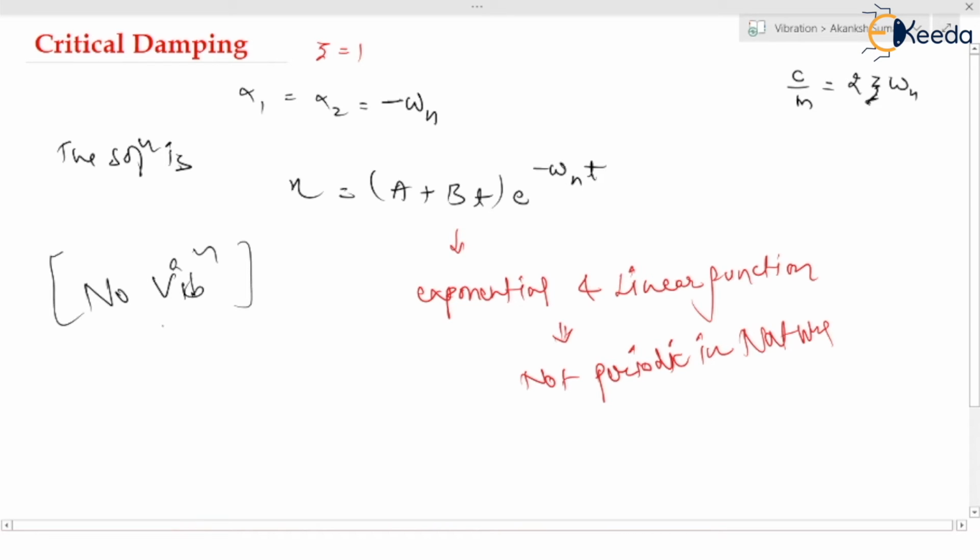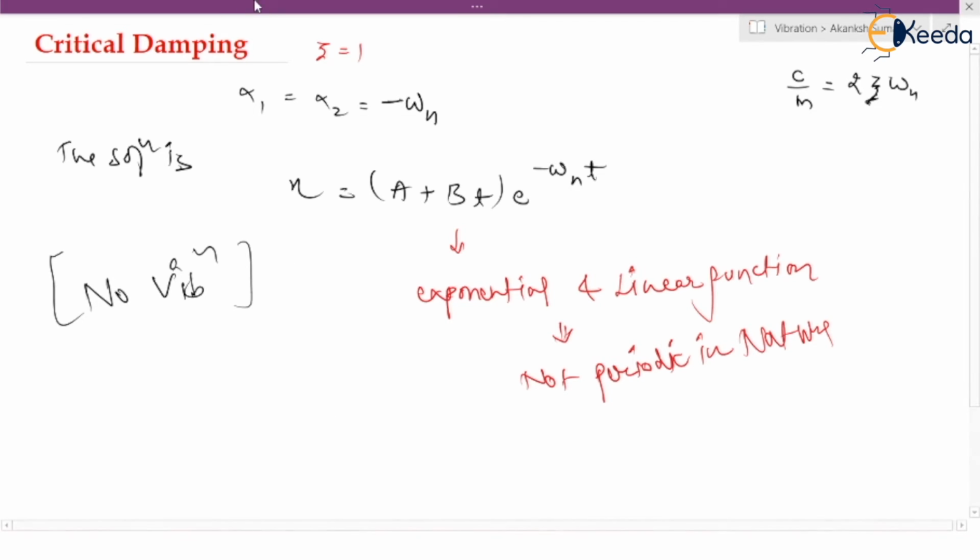So out of three damping systems, in two damping systems, there is no vibration. The first is over damped system, where we have found no vibrations. In the critical damping system, we have found no vibrations. The last one we will discuss in the next video, that is under damped system.